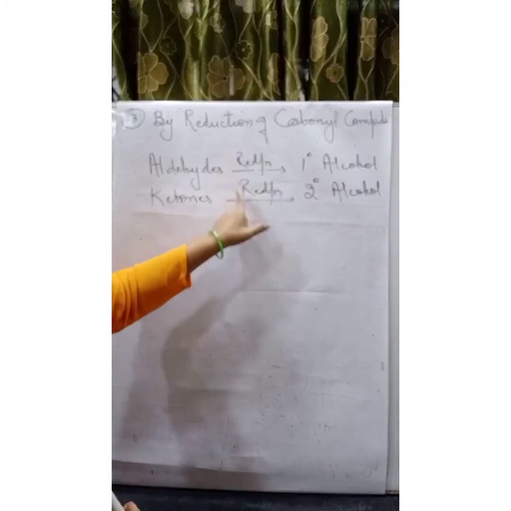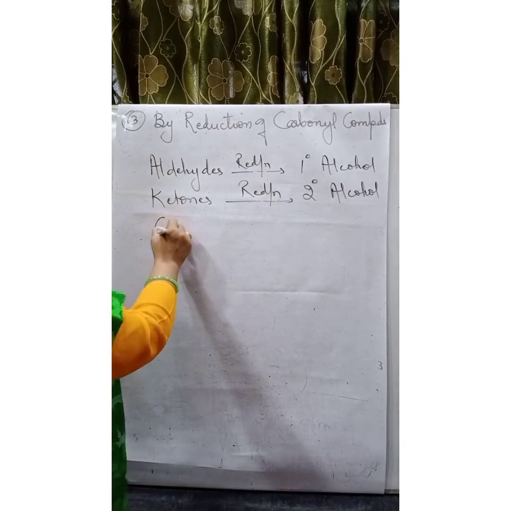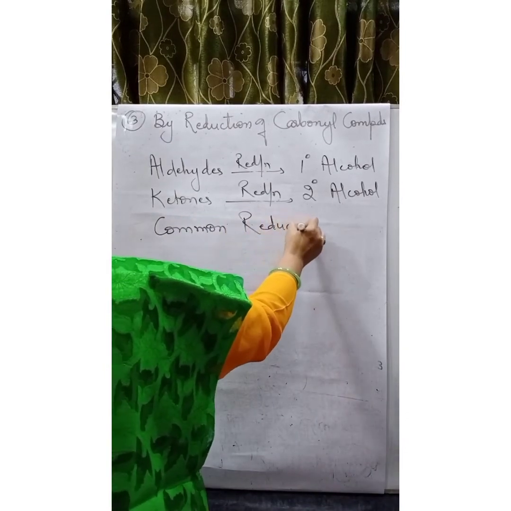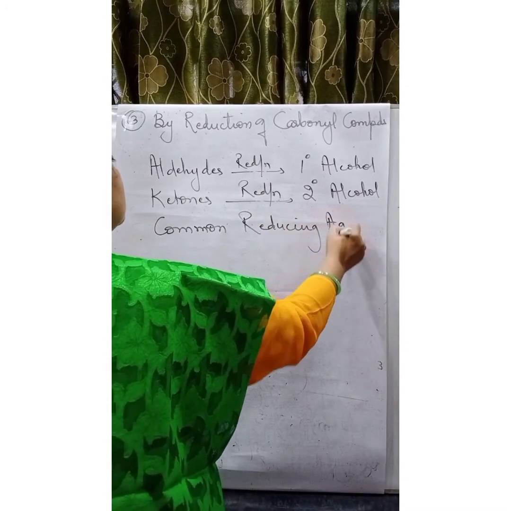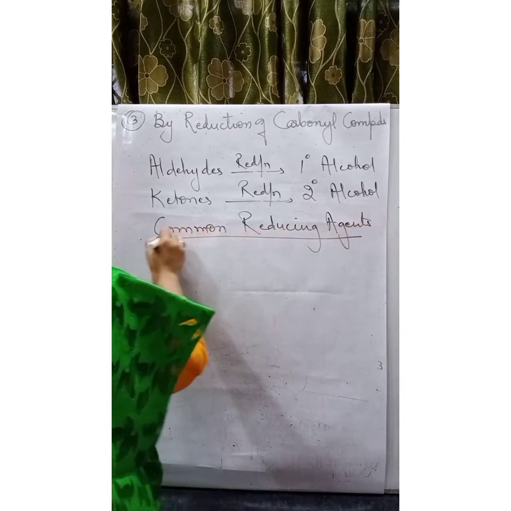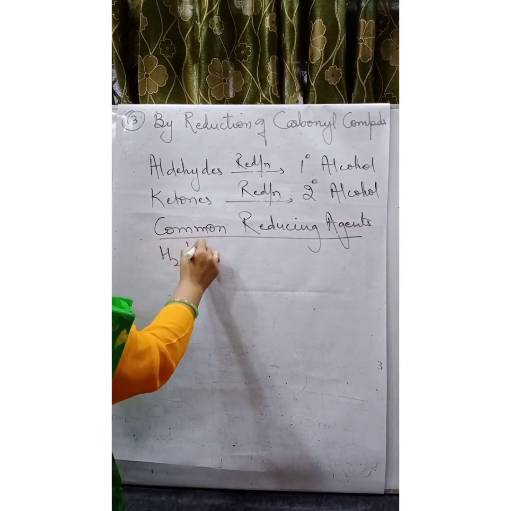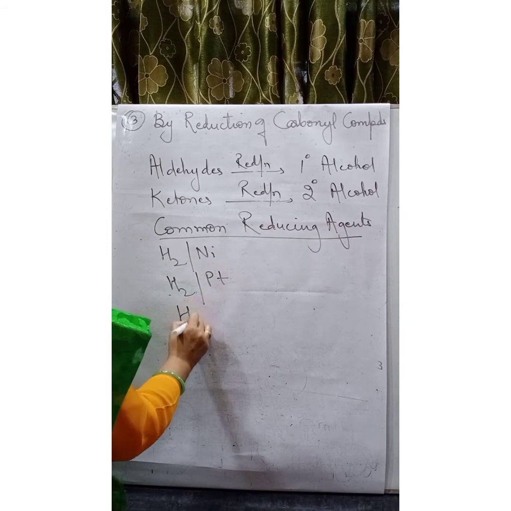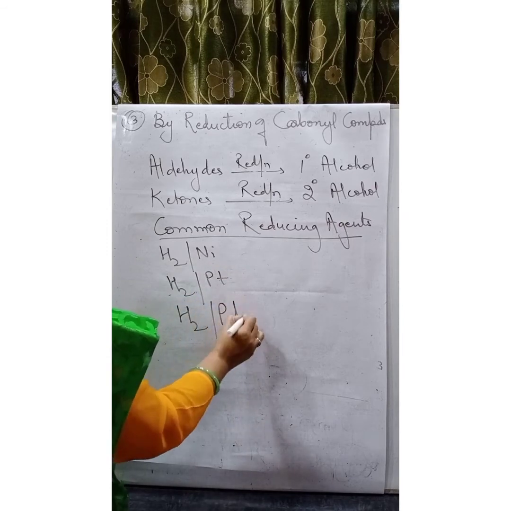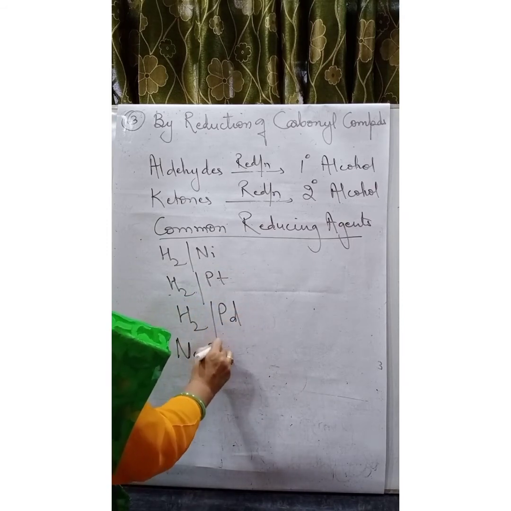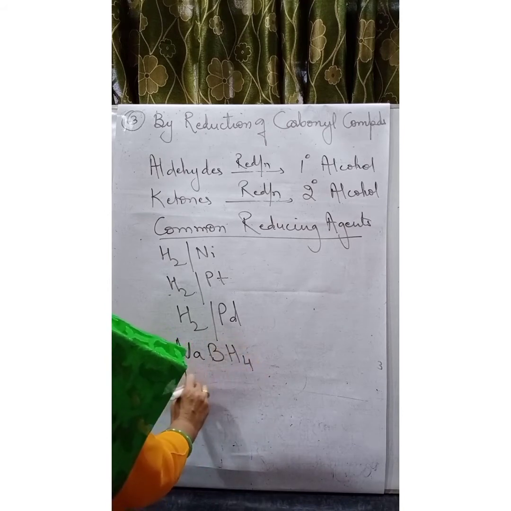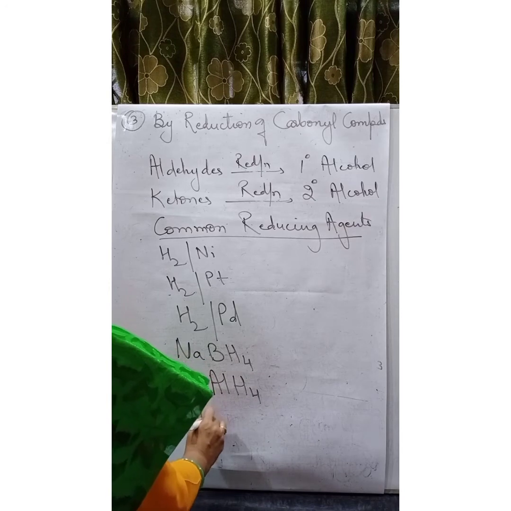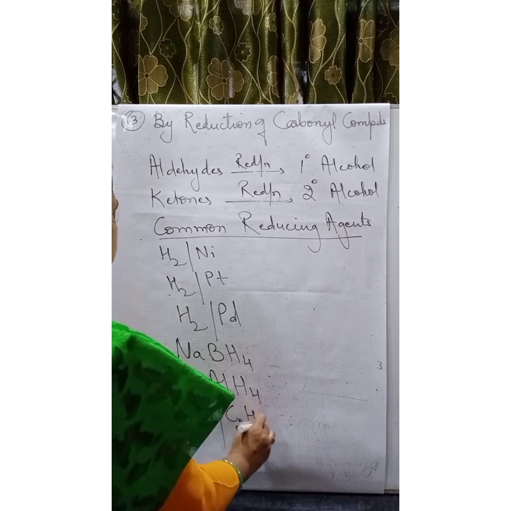Now when we are carrying out reduction, common reducing agents, any 2-3 you can remember, they are hydrogen in presence of nickel, hydrogen in presence of platinum, hydrogen in presence of palladium, sodium borohydride, lithium aluminium hydride, sodium in presence of ethanol.